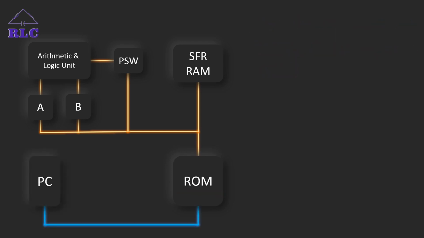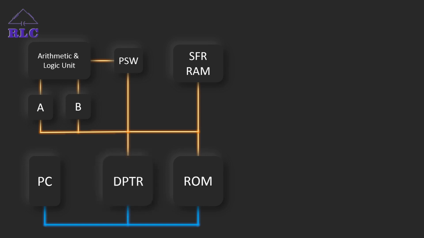Now if we want to access the external data, then we require some register which is going to hold the address of it. Say if I'm going to connect an external ROM, to fetch the data or to send the address of which data has to be fetched, we require a register. That register we are going to call DPTR, that is data pointer.